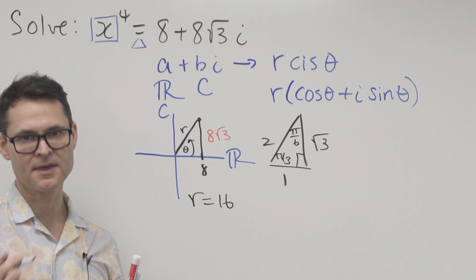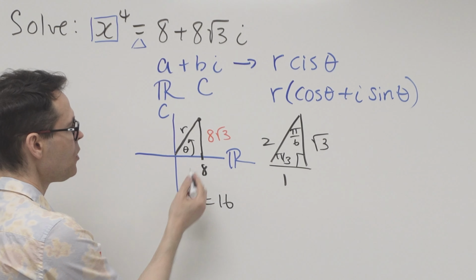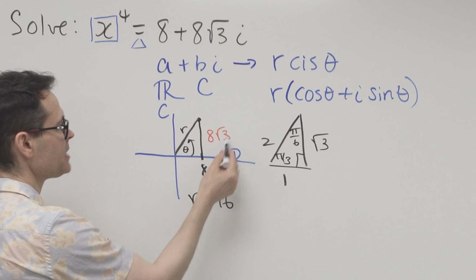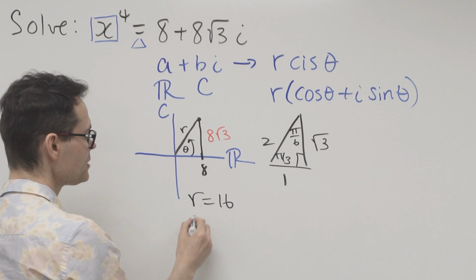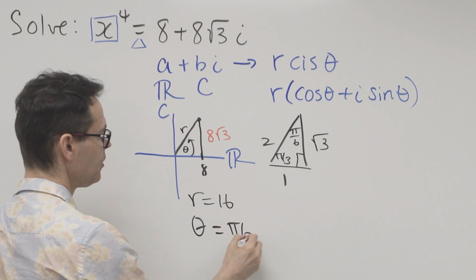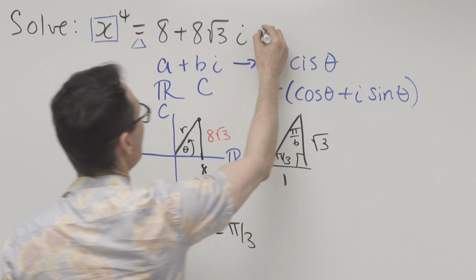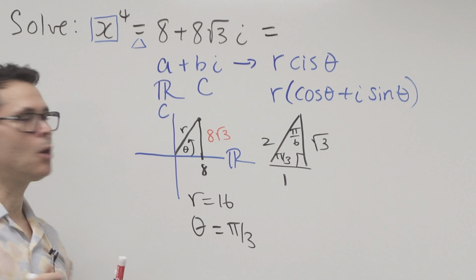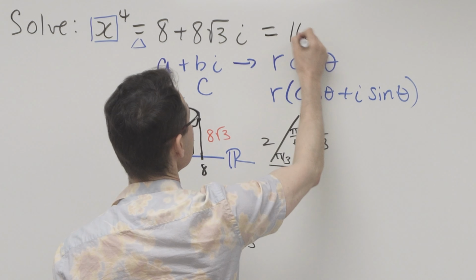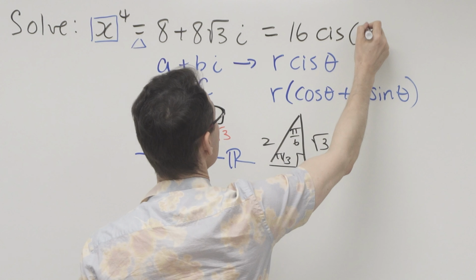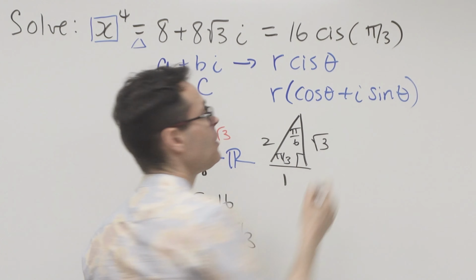You could also use the Pythagorean theorem to do that. And I know that the angle opposite √3 is pi over 3, so theta is pi over 3. In other words, this complex number can be written in polar form as 16 cis pi over 3.